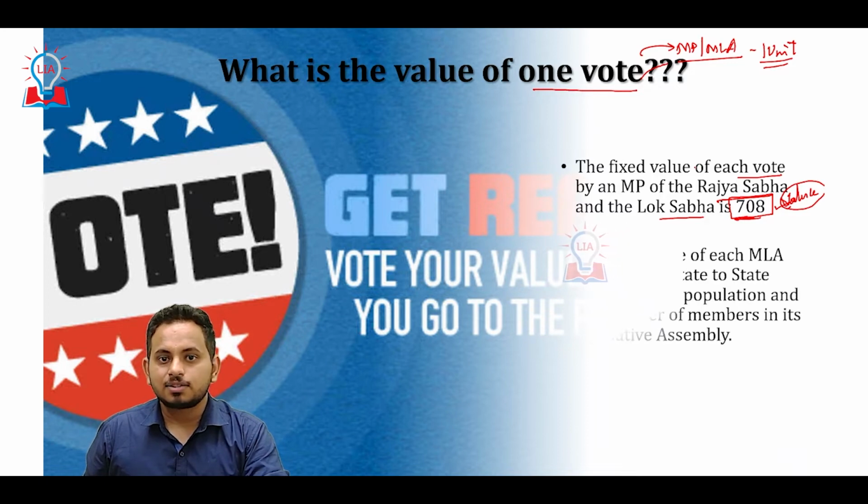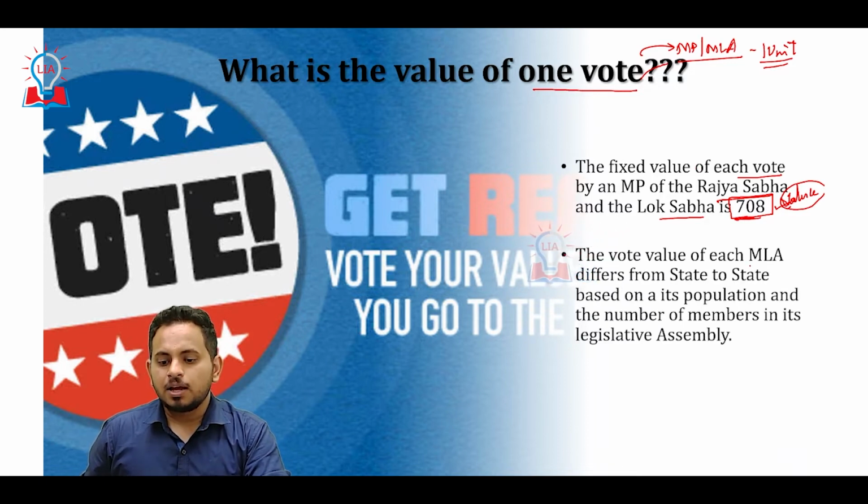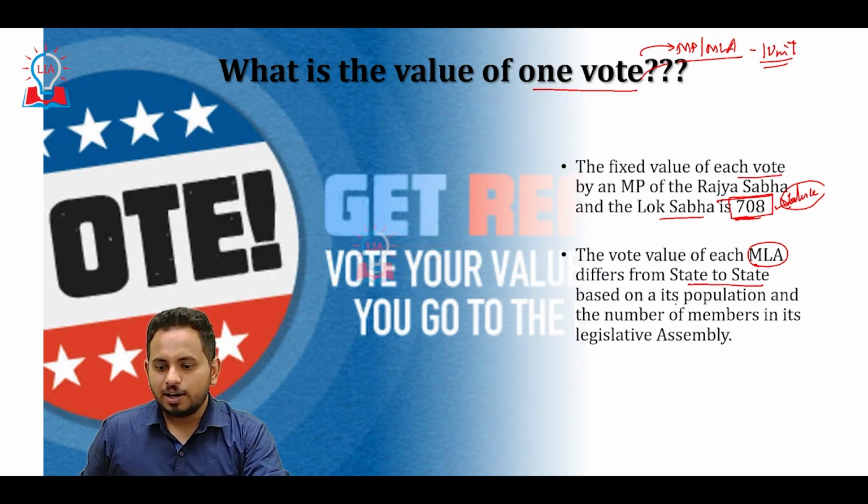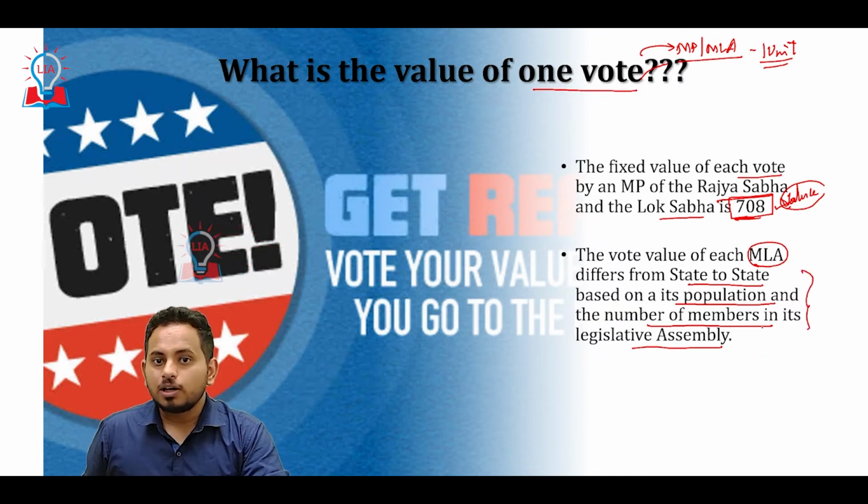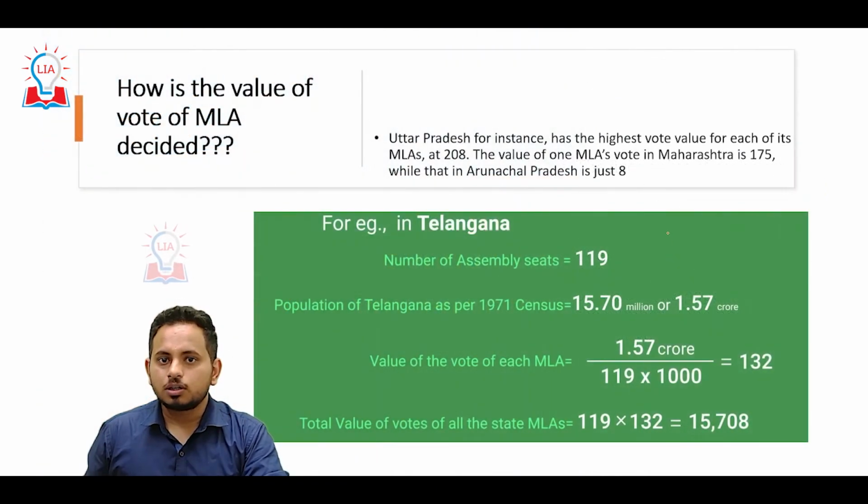The value of each MLA's vote is decided by a formula where we divide the population by the number of members in its legislative assembly. This is the formula to decide the value of 1 vote of an MLA.